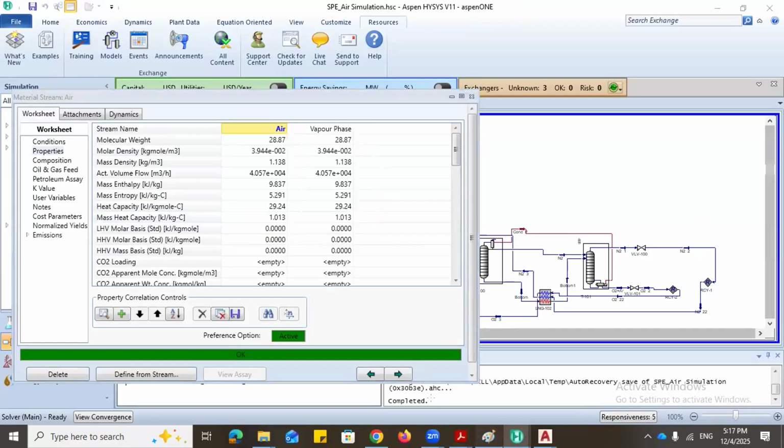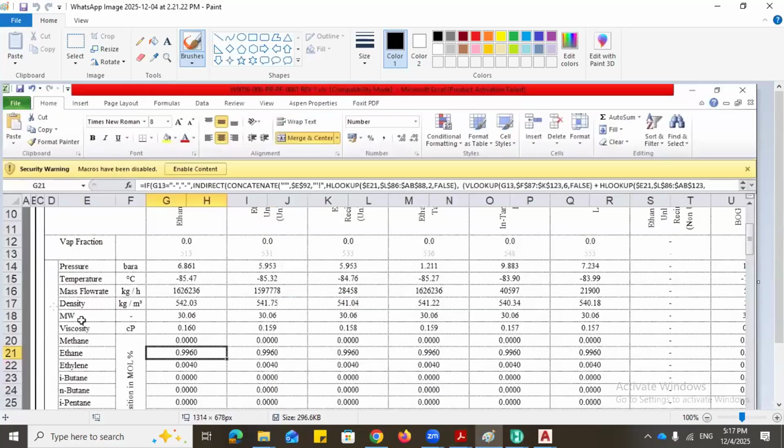So from pressure to the viscosity, these are the basic properties of the stream you need to show. To be sincere, I have done a job with Technip, Tencent Corp, and Topsoe. They still use the same heat and material balance, the same conditions like this, the same properties are here. So temperature, pressure, flow rate, these are the things you need to show.